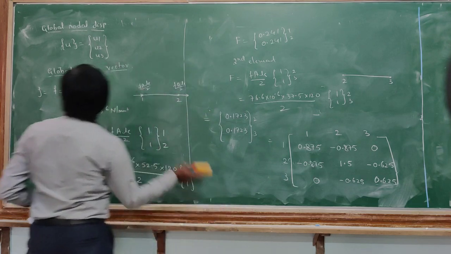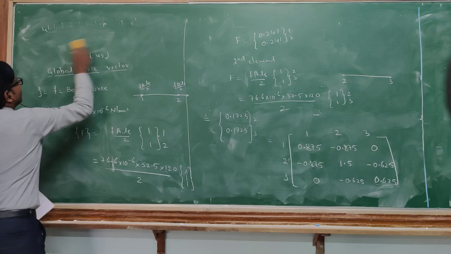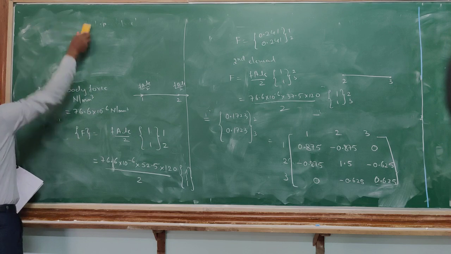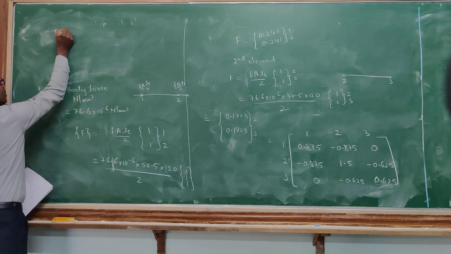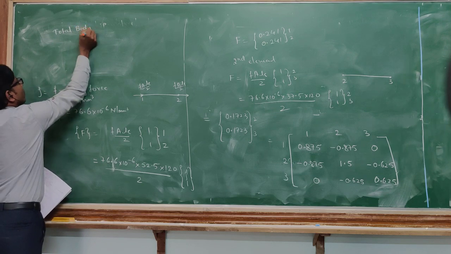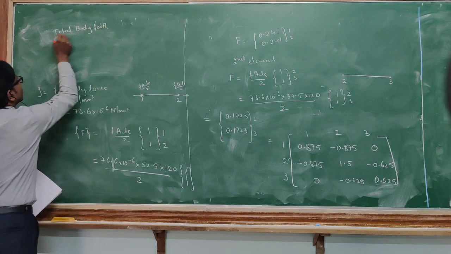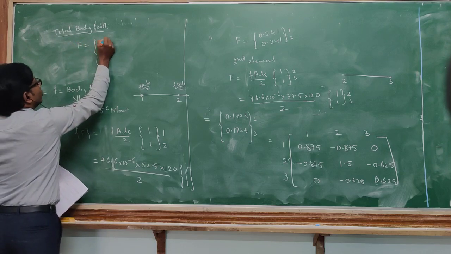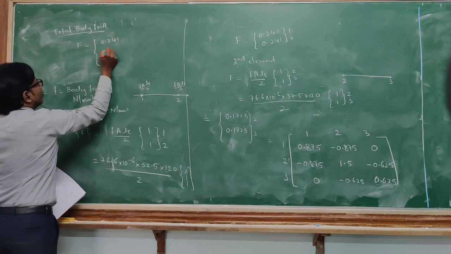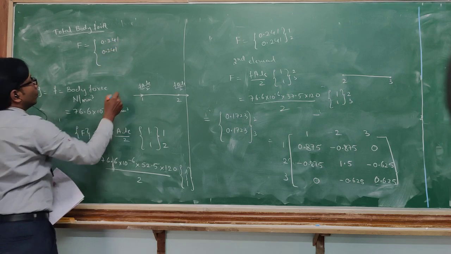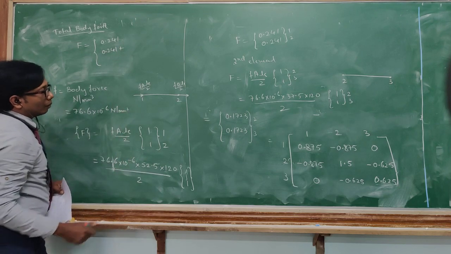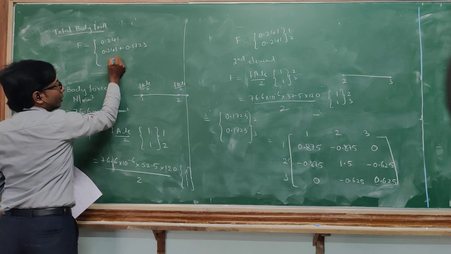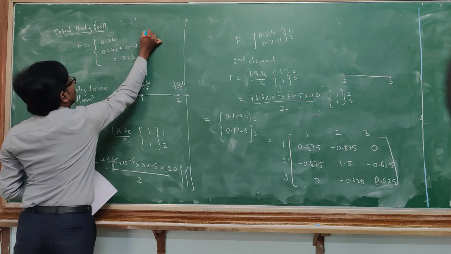So the total body force, if I call it F, is 0.241, then 0.241 plus 0.1723, then 0.1723.